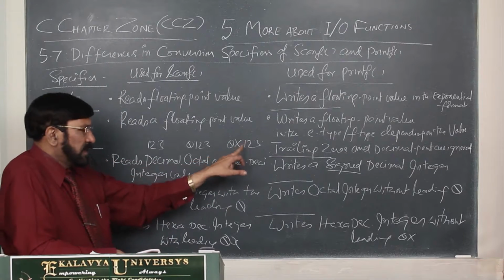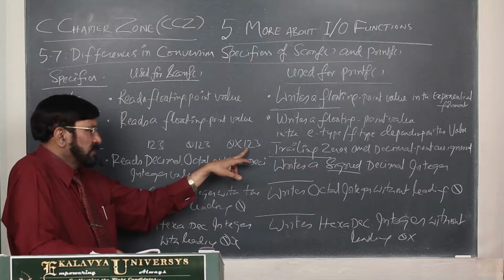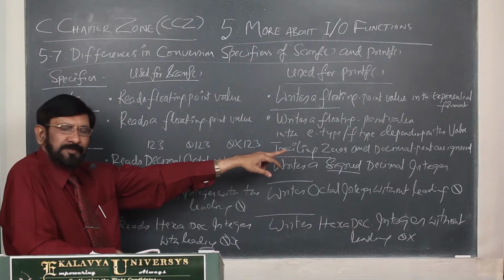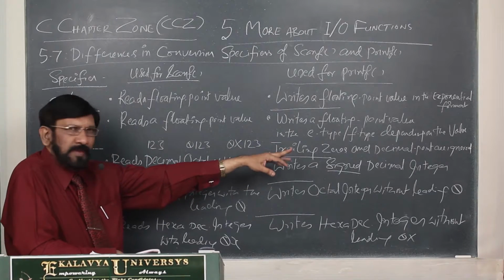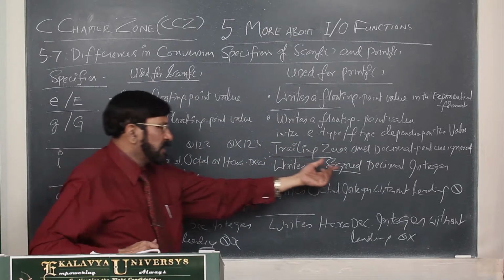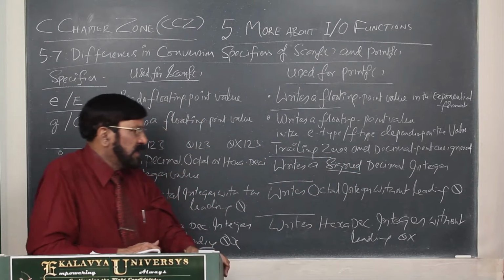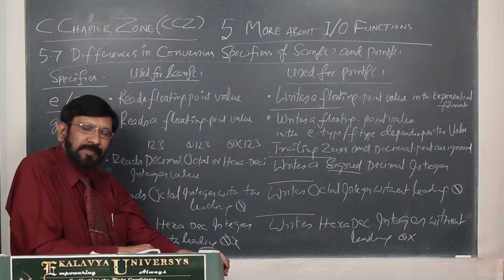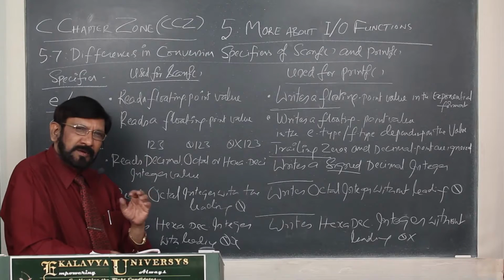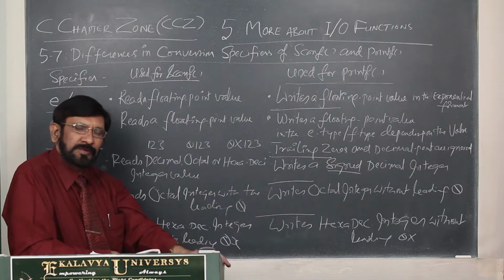Converted value you get. Then this hexadecimal value with 0x you enter in scanf. Thereafter, using percentage i, you write a value, then you can get the equivalent signed decimal integer. In this manner, you have to write test programs.